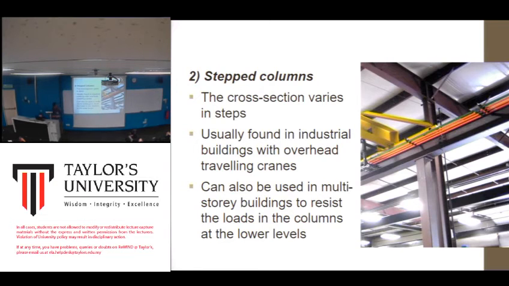Usually found in industrial buildings with overhead traveling cranes like this. The purpose of the step column is to put another beam so that you can put the crane on top, just to allow the crane to move on top of the structure. It can also be used in multi-story buildings to resist the loads in the columns at the lower levels. Let me show you the example.